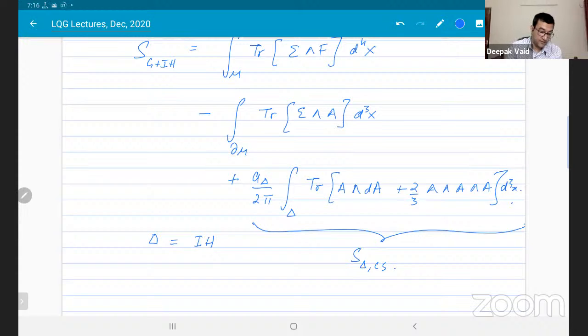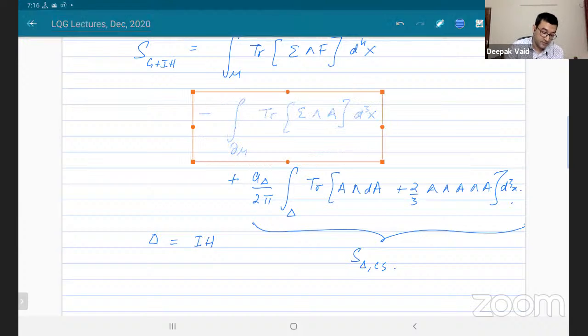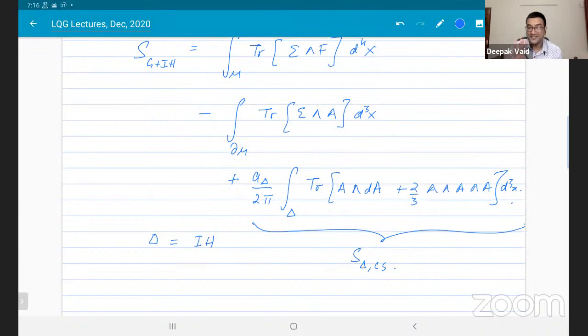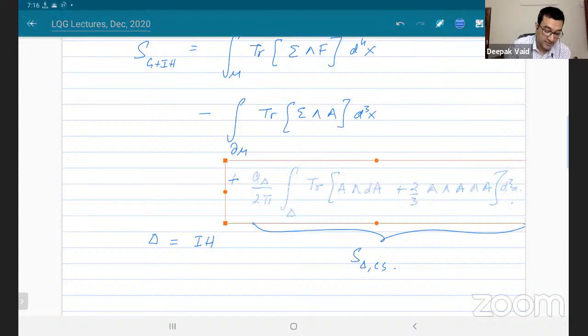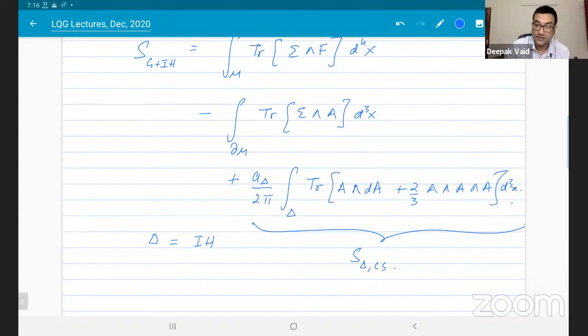Well, this term I'm not sure how it stays in the picture. I thought it should go away, but it's there. Anyway, the net result is that we get a Chern-Simons theory living on the boundary.